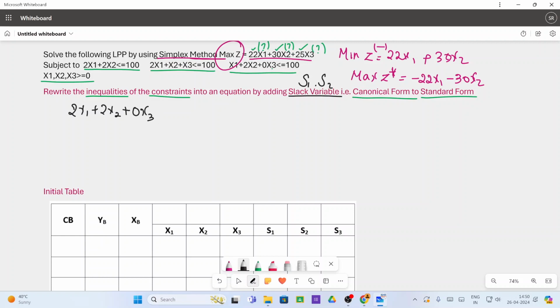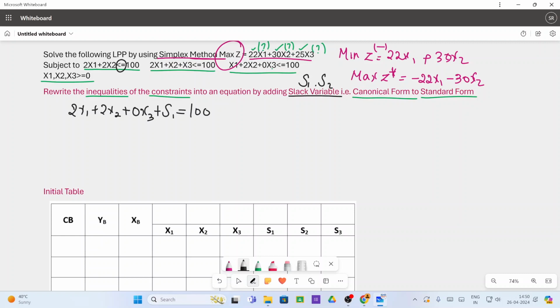To convert this inequality you have to add something called a slack. The first time we are introducing a slack, so this is going to be s1. Then the inequality, less than or equal to, will become equal to 100. So this is your first equation.